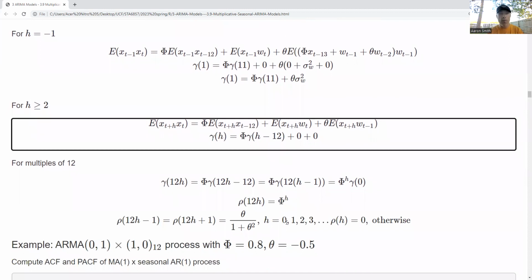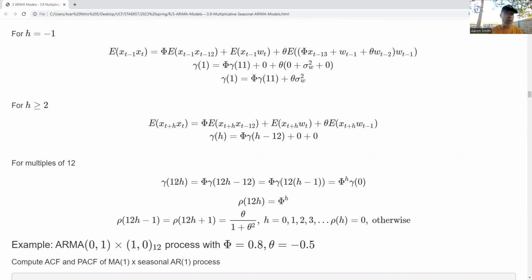If I work with this a little bit and rewrite this, I realize using this, if I have a multiple of h, I can keep on subtracting 12. So using that formula, instead of having h, I'm replacing h with 12h here. Well, every time I subtract 12 on the inside, I multiply by a phi on the outside.